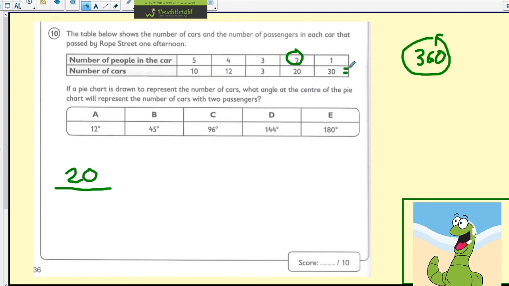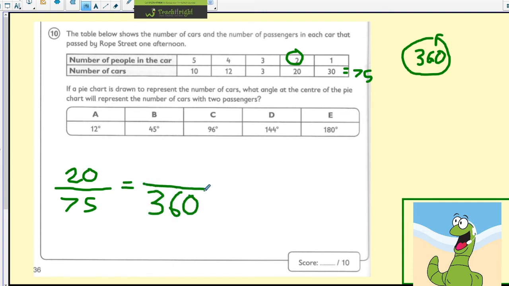So I'm going to take a moment just to add these up. 30 plus 20 is 50. 50 plus 10 is 60. 60 plus 12 is 72. Plus 3, 75. So it's 20 out of 75. But I don't want to know what it's going to be out of 75. I want to know what it's going to be out of 360.